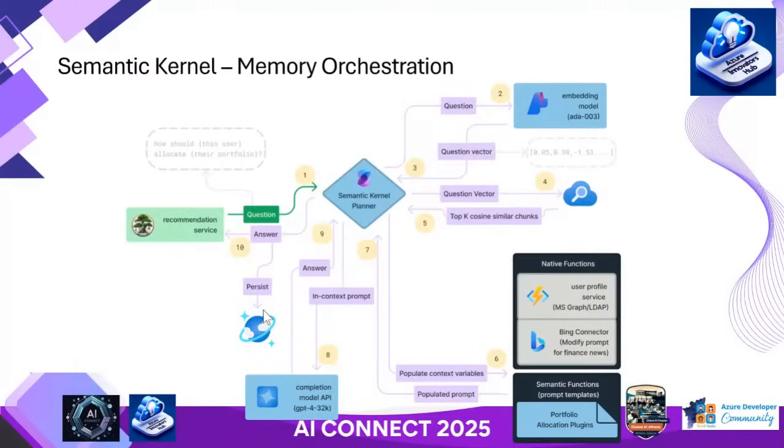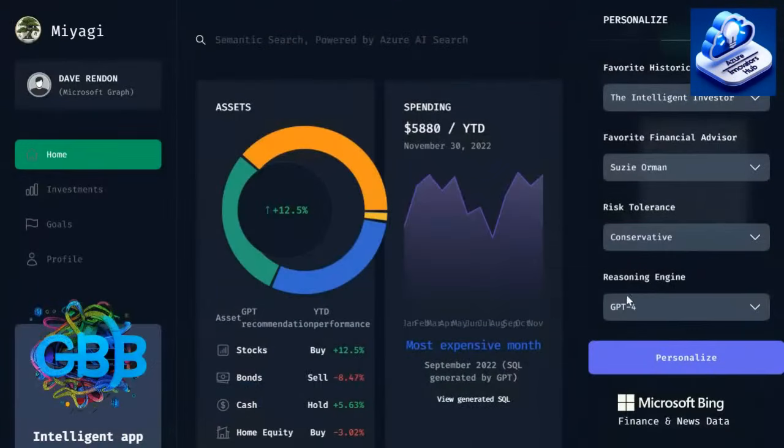So let's go back to our application and go through this. As you can see, this is Semantic Kernel behind the scenes, and we are reaching the OpenAI endpoints, and we're going to see the updates shortly.